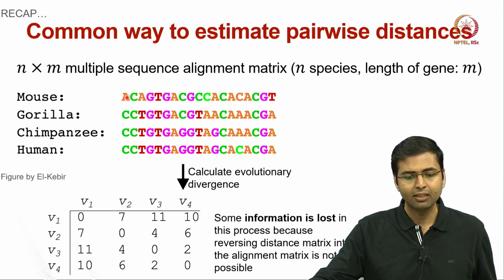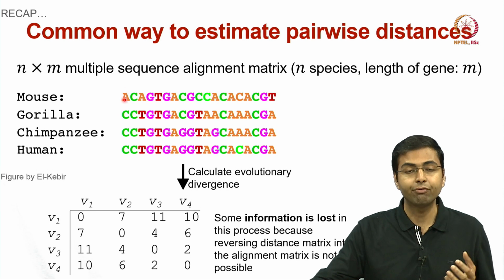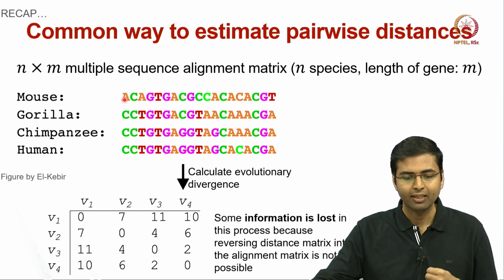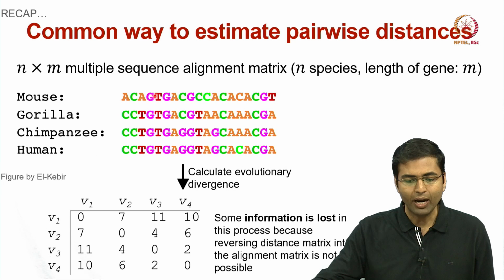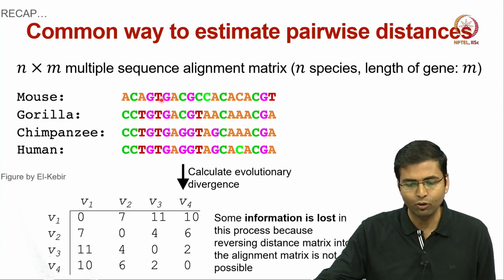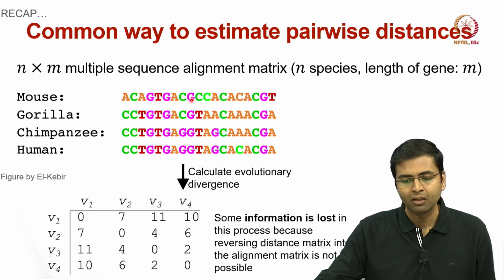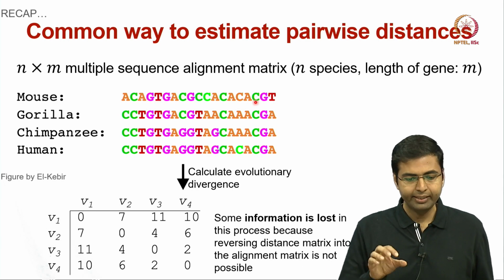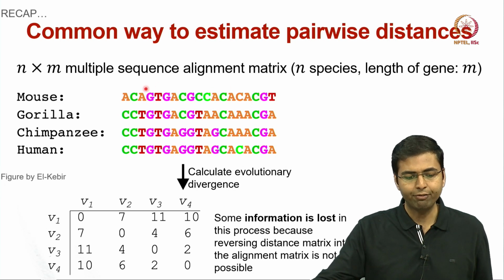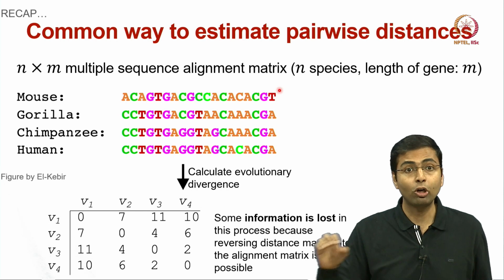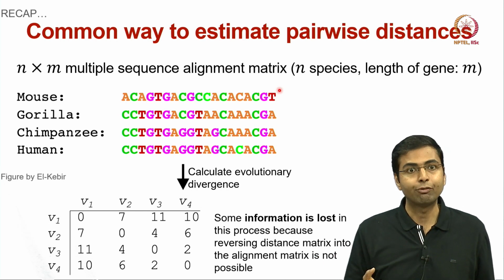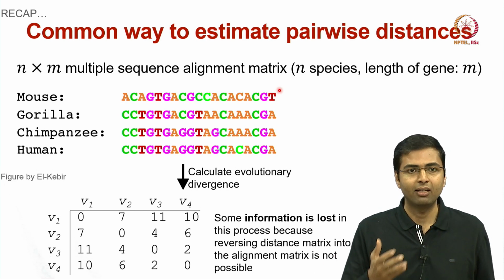So this is a DNA character, which means that each character can have 4 states: A, C, G or T, and in this case you have 5, 10, 15, 19. So you have 19 characters in total. So in this, if this was the input, then you would have 4 species and 19 characters. So this would be a 4 cross 19 matrix that would be given as input to the algorithm.